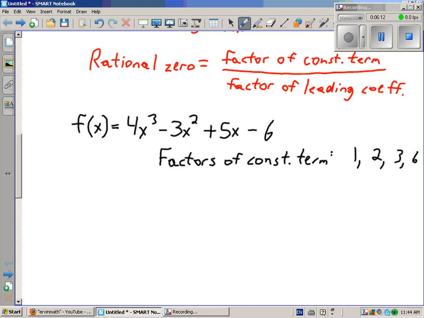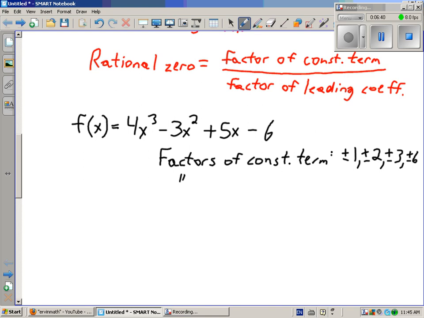Now, because that's a negative 6, we could have negative 1 times 6 would give us negative 6, or we could have positive 1 times negative 6. Likewise, we could have negative 2 times positive 3, or 2 times negative 3. So all of these numbers could be positive or negative. So what we wind up with is a total of 8 different options.